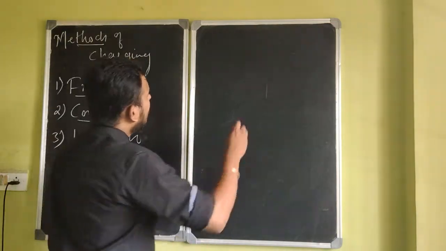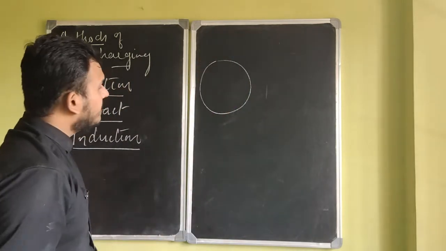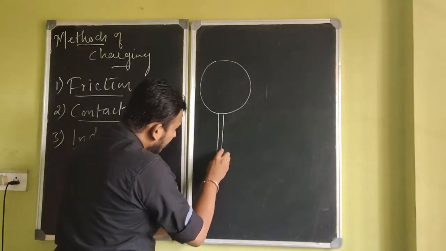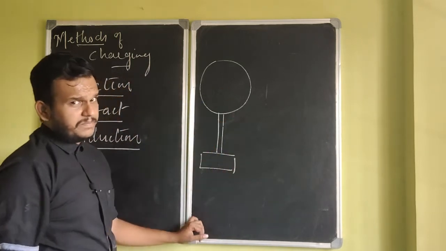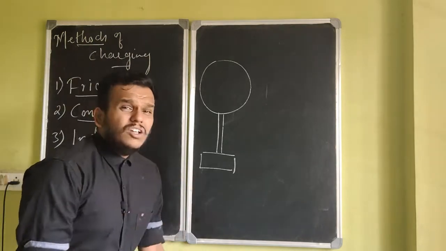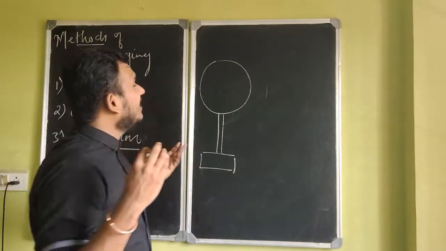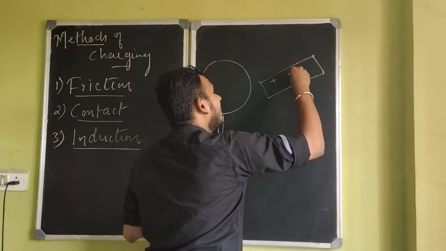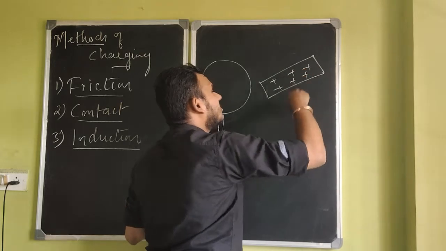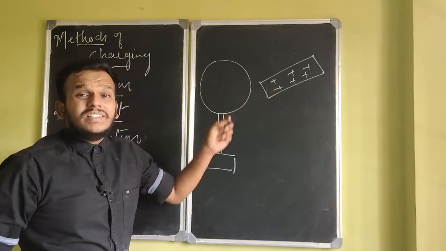This is also simple. Listen, something like this. You have a conductor. This conductor is supported by some kind of insulator. All you have to do in order to use the charging by contact method is simply this. Bring an object which is already charged, and bring this object in contact with this.